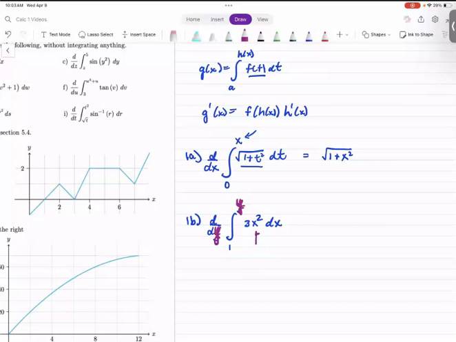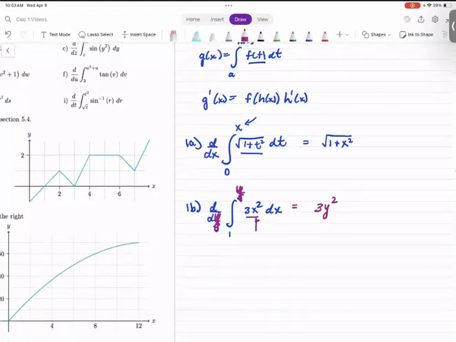Okay, so that's all that matters. So one way to say this is the derivative of the function of this right bound on our integral is our inside function evaluated at y, so 3y squared.